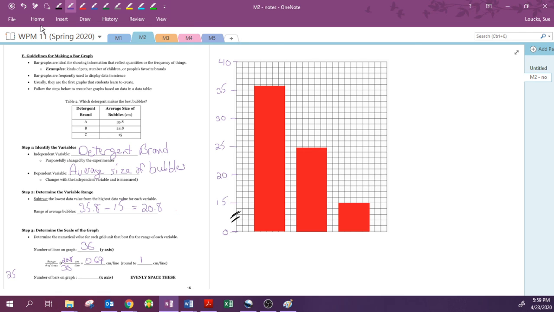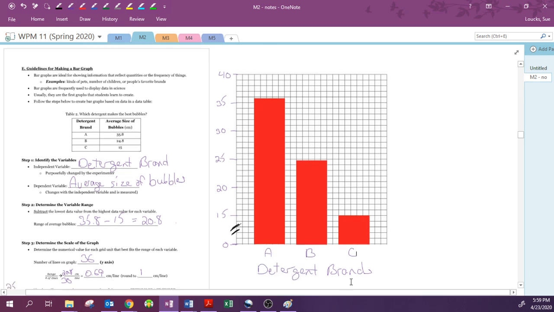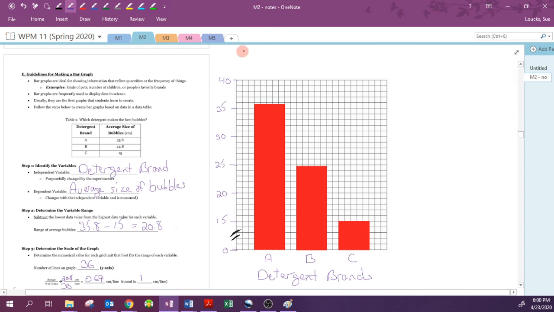Down at the bottom, I have detergent brands, and this is brand A and brand B and brand C. And my title for this graph is going to be: Which detergent makes the best bubbles?